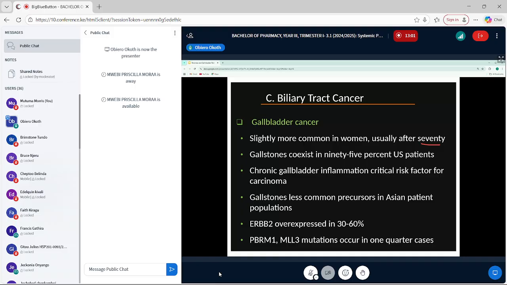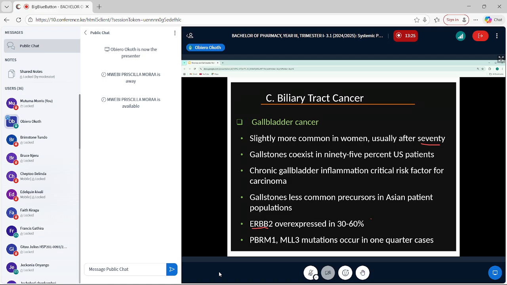Why do some of these patients get cancer very early? It could be the issue of inherited changes in the DNA, like overexpression of what we call ABB2. This is the equivalent in our setting because we have a lot of cholesterol stones.